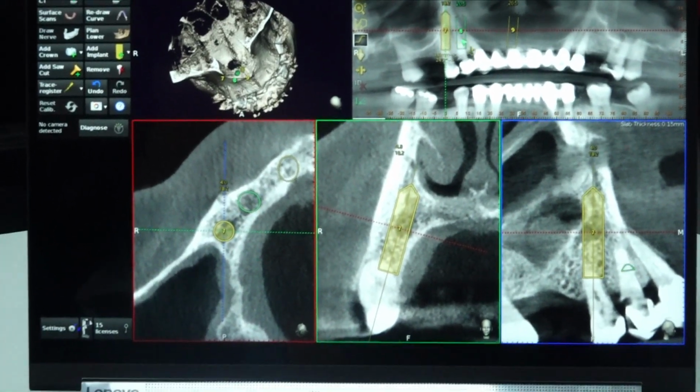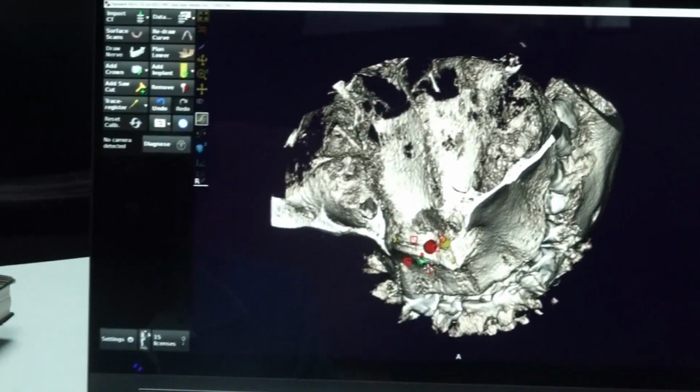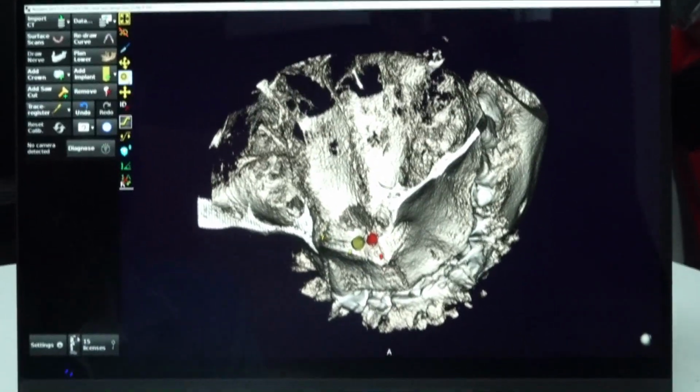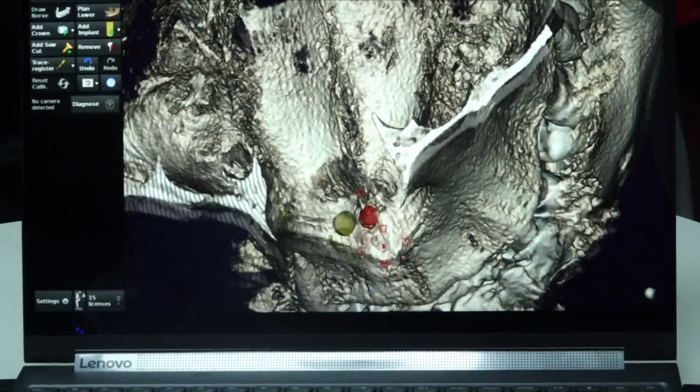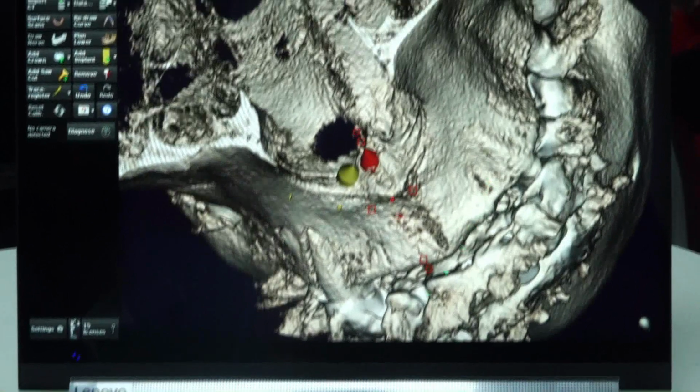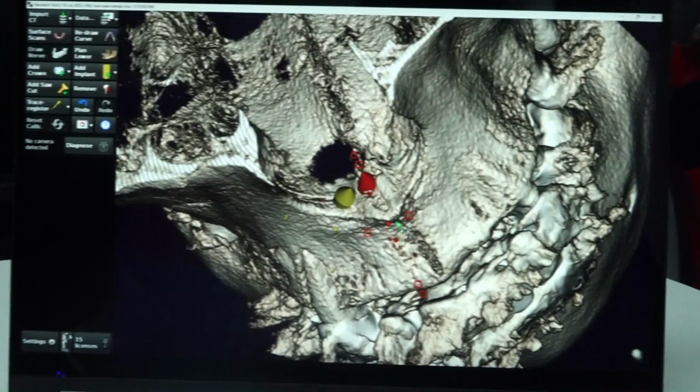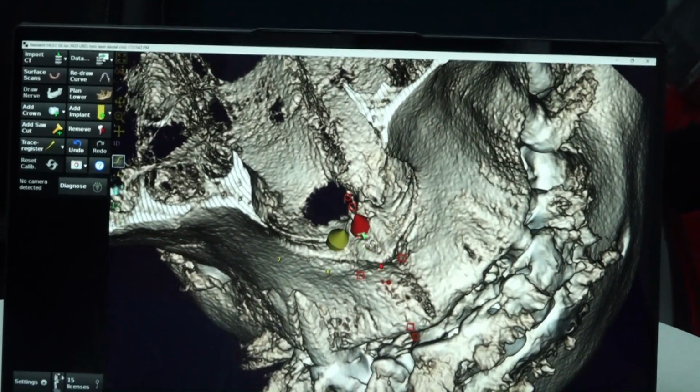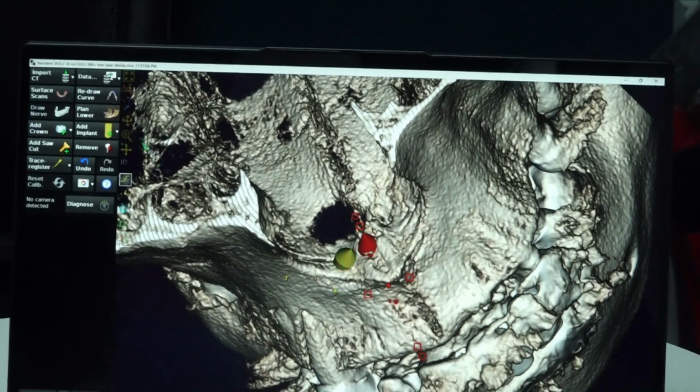Then see, if I place another implant in the second premolar, I cannot place the anterior implant. Of course, a canine implant is out of the question. Even one implant you cannot place till the nasal floor.